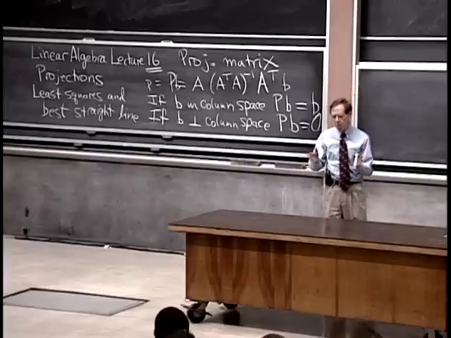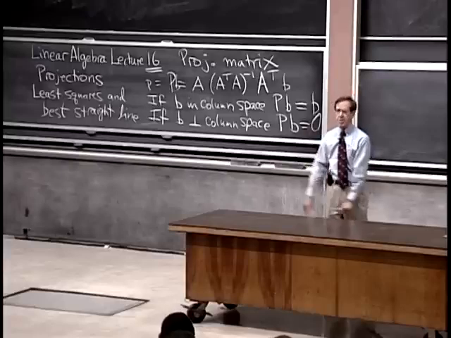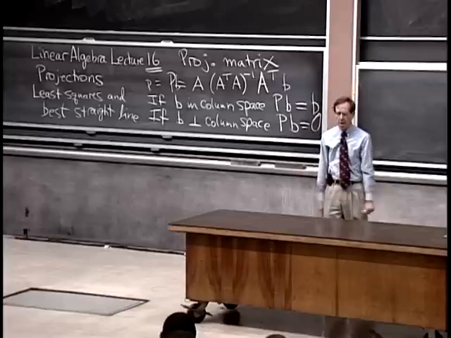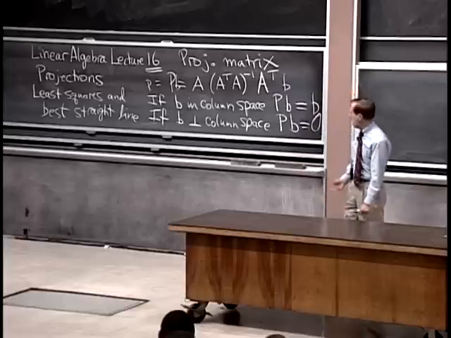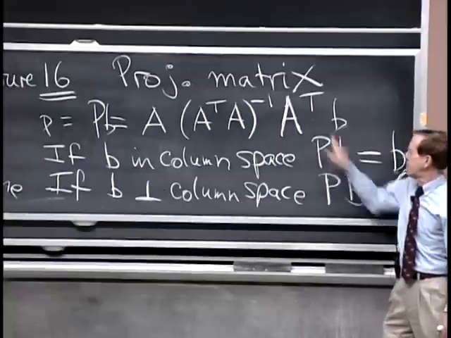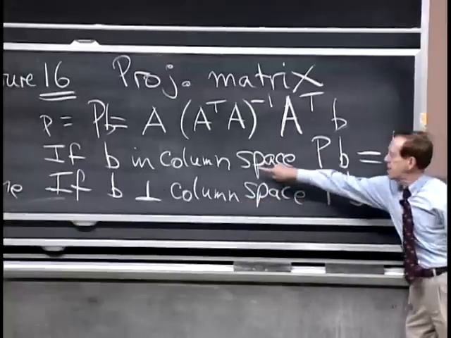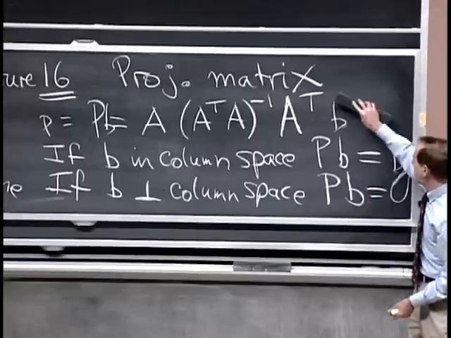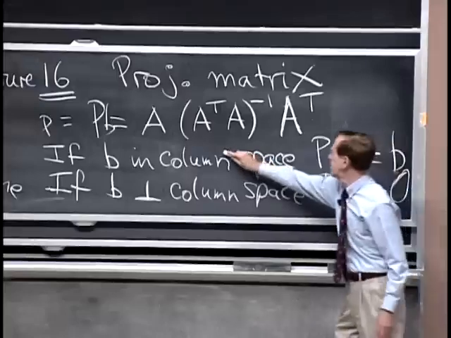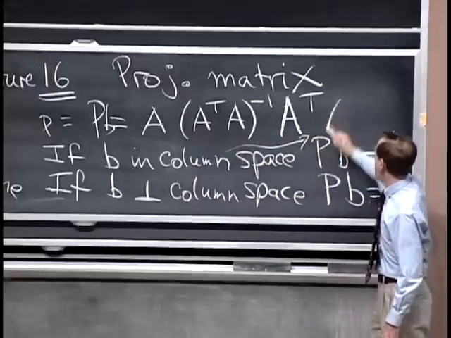It would have the form A times some x, right? That's what's in the column space, A times something. That makes it a combination of the columns. So these b's were in the null space of A transpose. These guys in the column space, those b's are Ax's, right? If b is in the column space, then it has the form Ax.